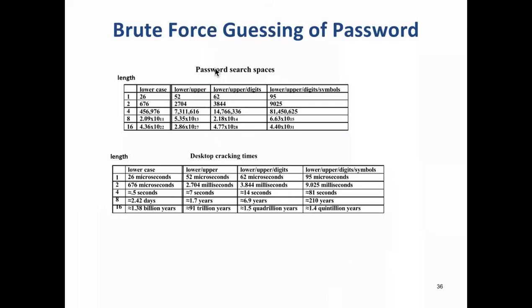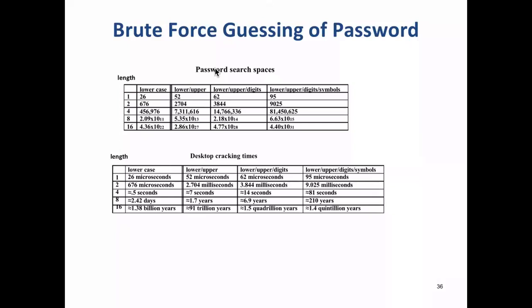Now if it is of size, say, 8, which most of us are required to use in most systems, then in the case of lowercase, you can see that 2.09 × 10^11 combinations are possible. If you use lowercase, uppercase, digit, and symbol, the last column, with length 8, then the number of possible combinations is 6.63 × 10^15. Now look at a common desktop and see how much time you'll require to crack.